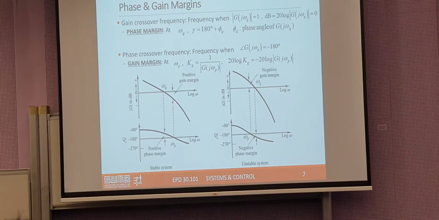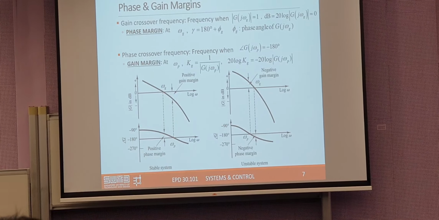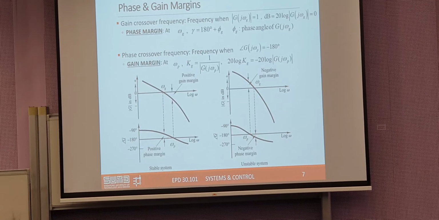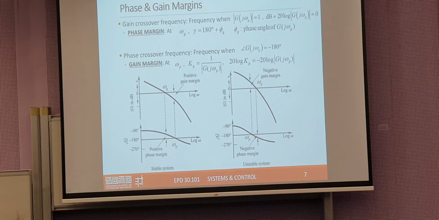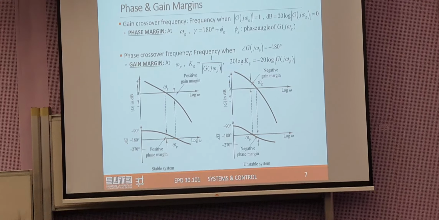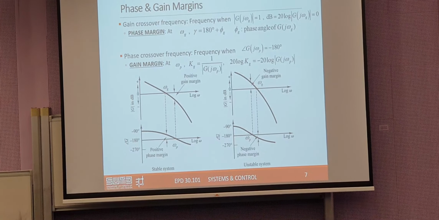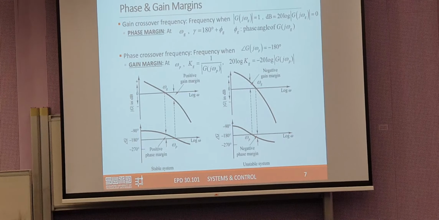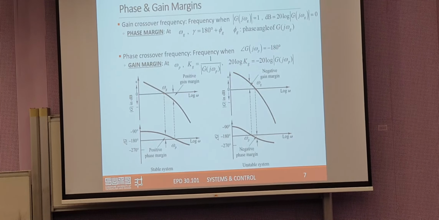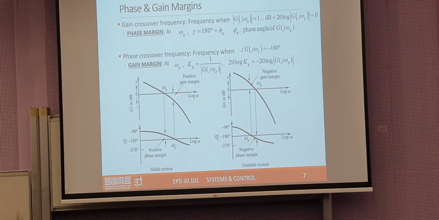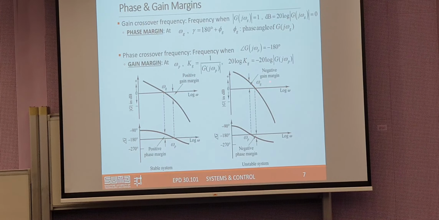If your plot is below the 0 dB line, this is called positive gain margin. And the amount is a quantity, it's not just positive or negative, you can put a number. The amount is in decibels, you can read off. So it's 3 dB, 4 dB, 5 dB of gain margin. So there are two possibilities, you can get positive gain margin or negative gain margin.